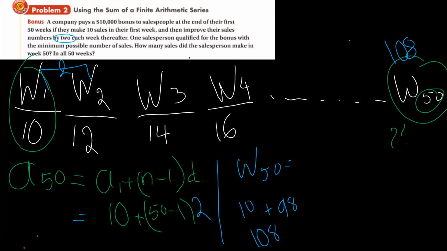No, this is an arithmetic sequence. Did you make the arithmetic series in the last step? Yes, this is the first step. I found how many sales he made in week 50. In week 50, that means a sub 50.